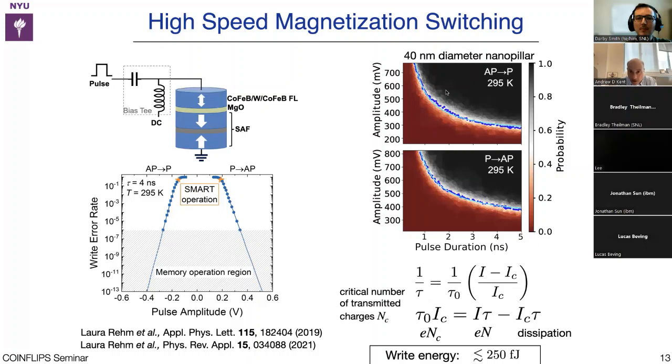You can see we've done some interpolation to take more data in the range where something interesting is happening. And this light blue line is the theory, the conservation of angular momentum line. That's the line that describes this ballistic limit. And you can see we can get the same kind of behavior for P to AP as AP to P, with slightly different voltage scales.